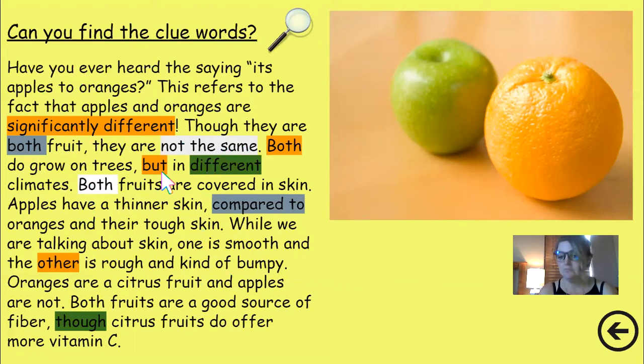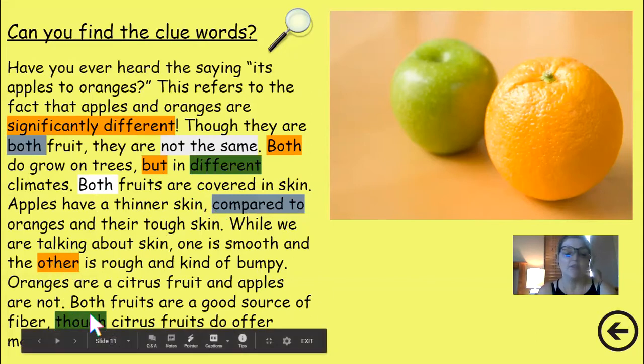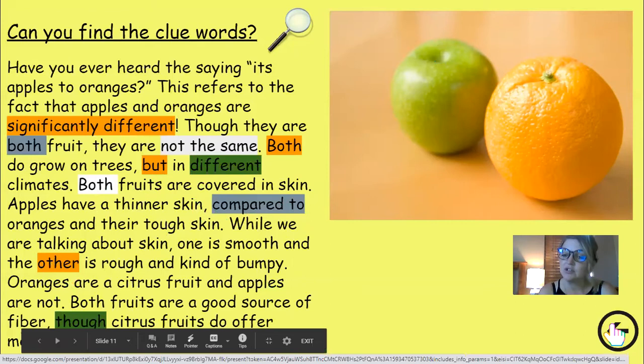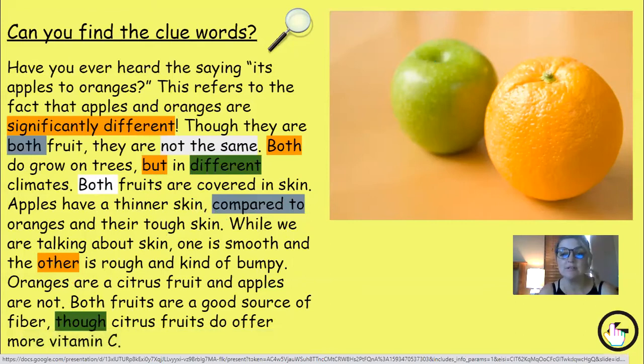So we're going to say like these are the same, but they're not, you know. Different, there's both again, compared to, other, and though. Those are good indicators that you are dealing with a compare and a contrast piece. So those are your clue words. Hope you liked the little story I wrote about apples and oranges.